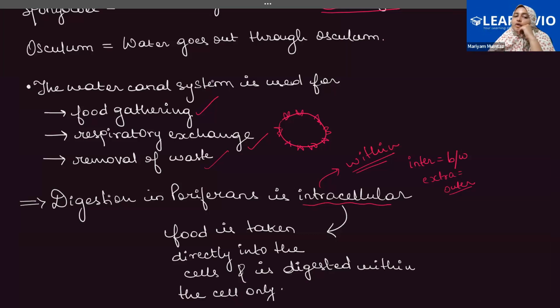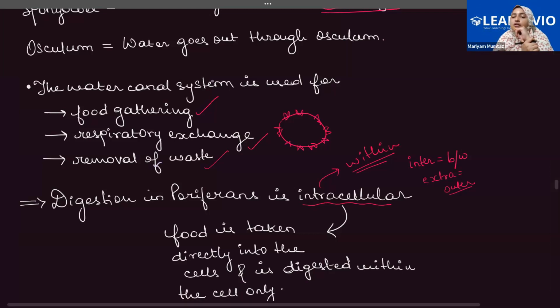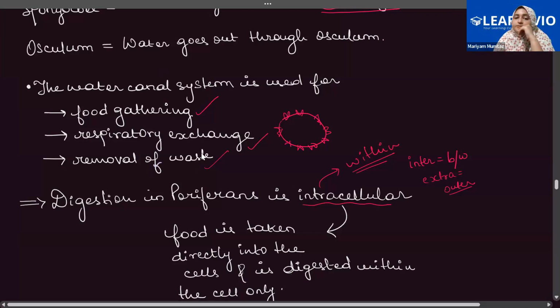Apart from that, it also helps in respiratory exchange so that they can exchange gases. And lastly, the removal of waste from their body. So the water canal system is extremely important for sponges. Without it, they cannot survive. So: food gathering, respiratory exchange, and removal of waste.